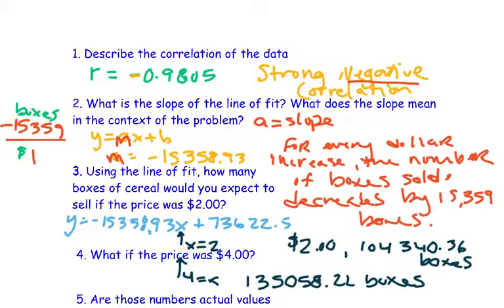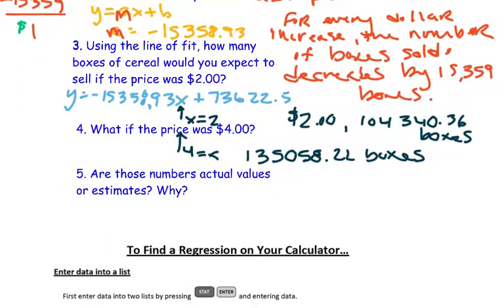All right. Are those numbers actual values or estimates? Oh, I didn't put a negative in there. That is why those numbers are so different. Okay.